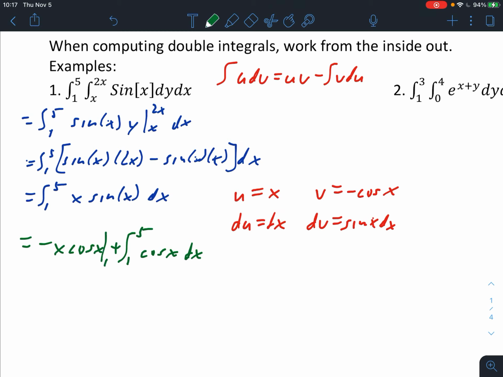I forgot our 1 to 5 here. I'm not going to put the 1 to 5 in yet because I'm going to integrate that second part first. So negative x cosine x, and then the integral of cosine is just sine. So this is all from 1 to 5.